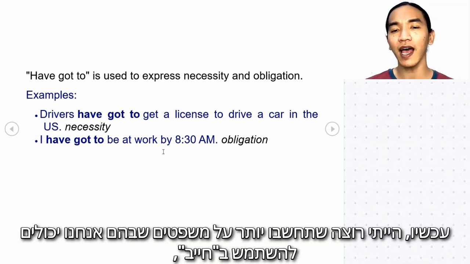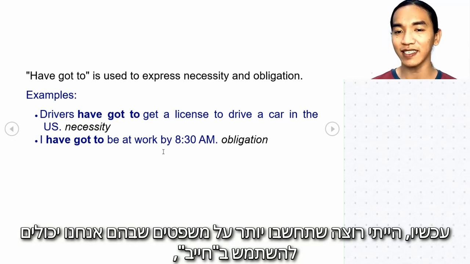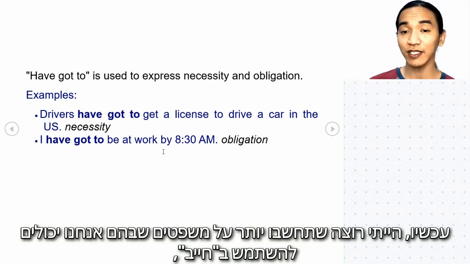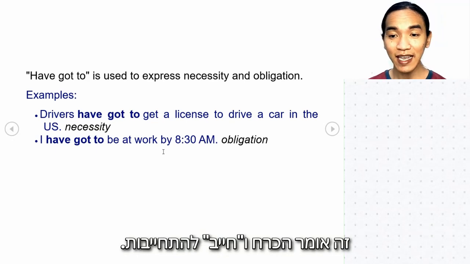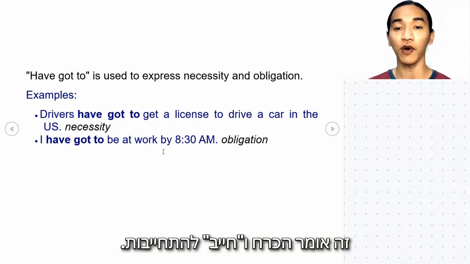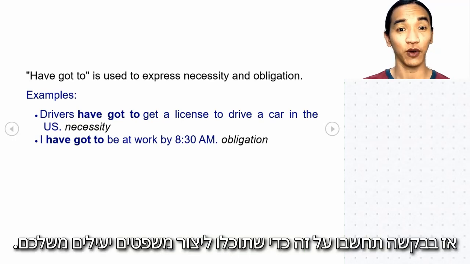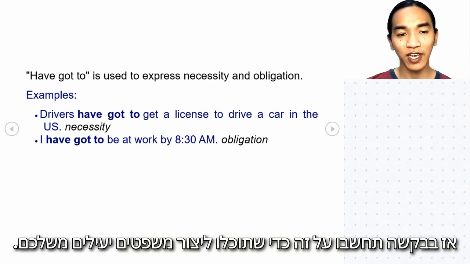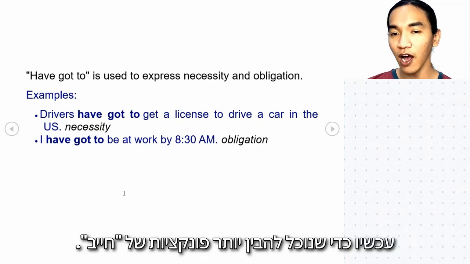Now, I would like you to think more of sentences where we can use have got to, that means necessity, and have got to for obligation. Okay? So please think of this very much so that you can create your own effective sentences. All right.